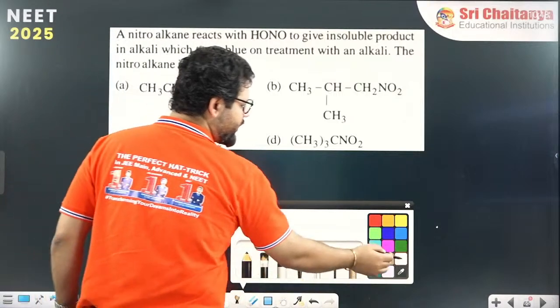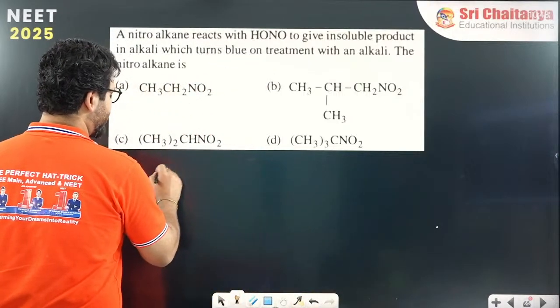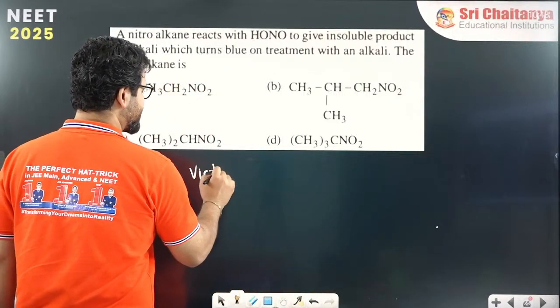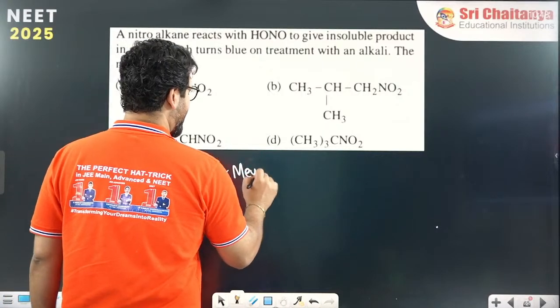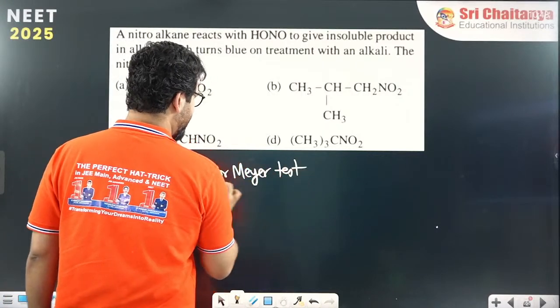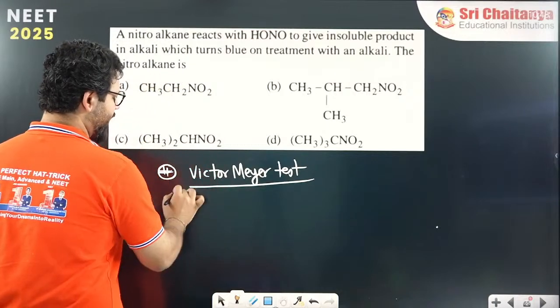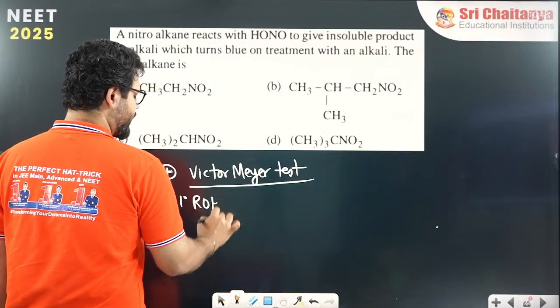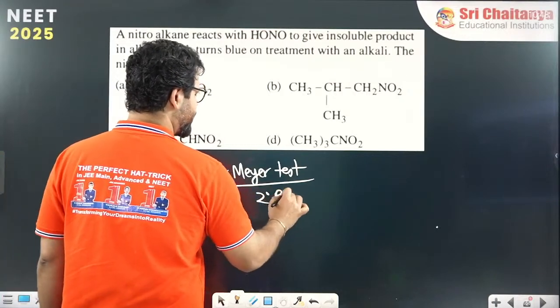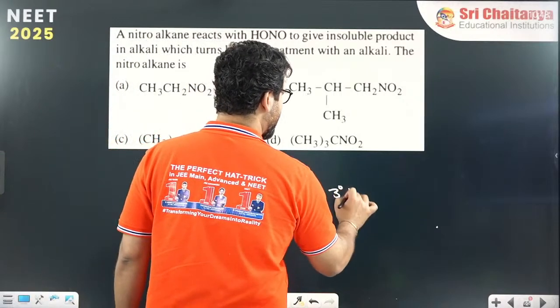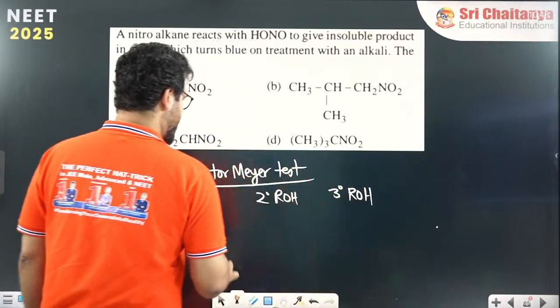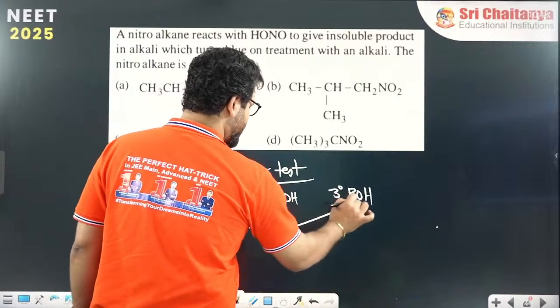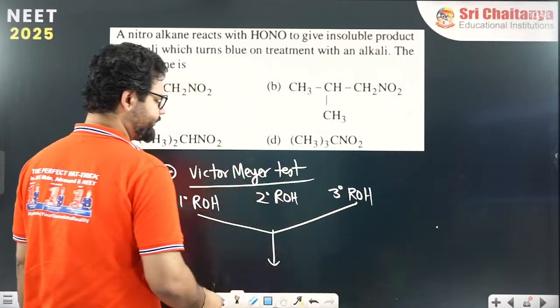This is actually one of the steps of the Victor-Meyer test. So when you do the Victor-Meyer test, you take your primary alcohol, your secondary alcohol, and your tertiary alcohol. Then in all of them, you add reagents in order.